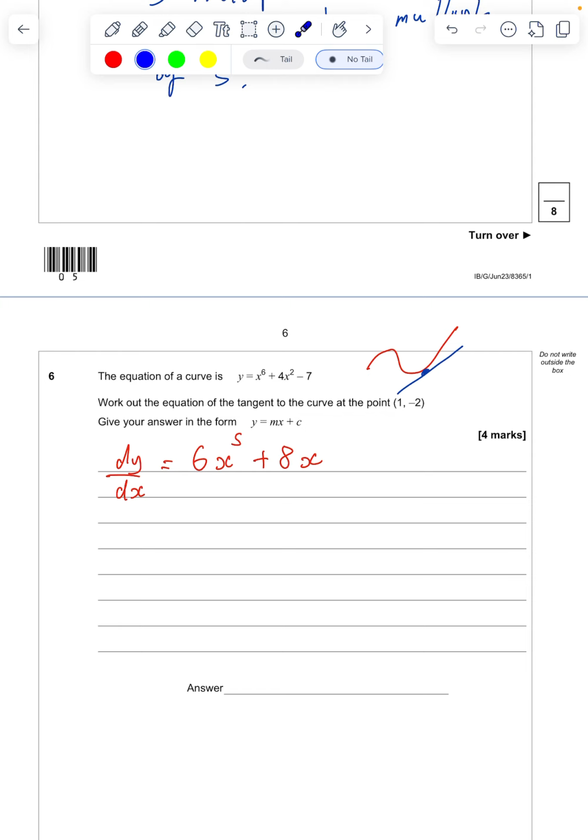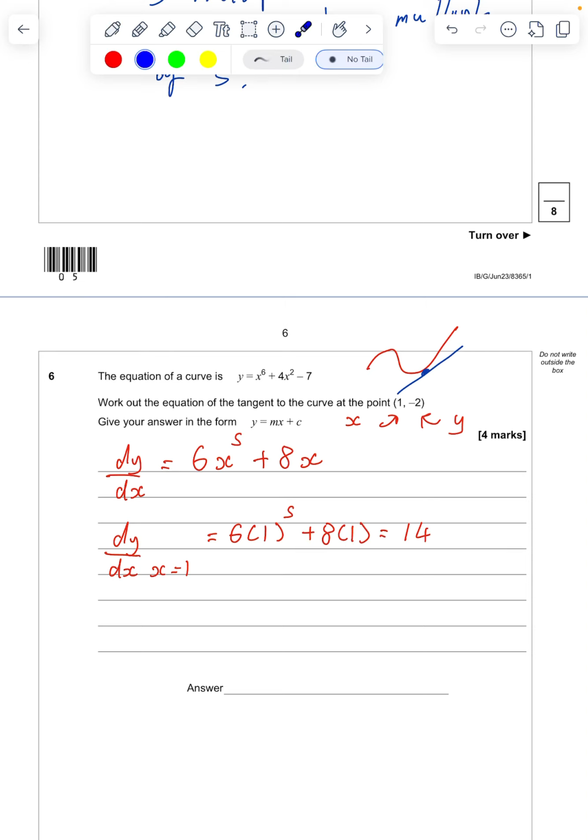So that's the derivative. Now you want the gradient at the point x being 1, because this coordinate here, the 1 is your x coordinate, and the minus 2 is your y coordinate. So to get the gradient at the point where x is 1, you can say dy by dx at x equals 1 is going to give you, substituting in 1, 6 times 1 to the power 5, plus 8 times 1, and that's going to give you just 14.